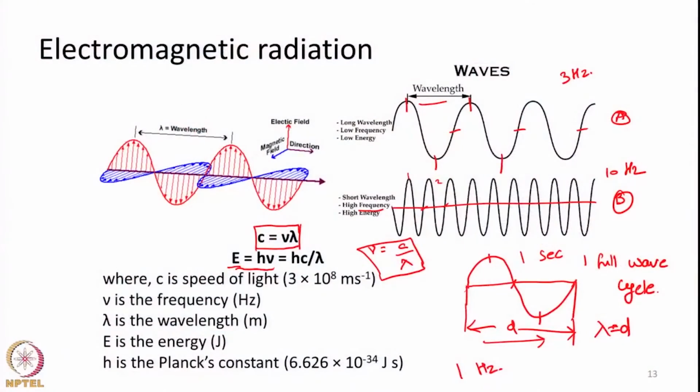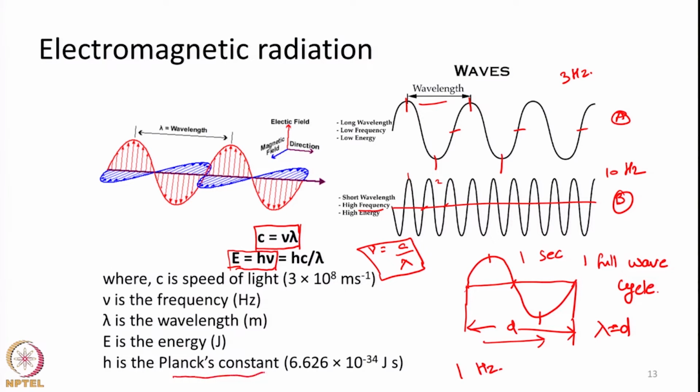And also if we look at the quantum nature of radiation, that is, energy transfers not in the form of waves but as packets of energy, that is another postulate that we should have come across in our school physics classes. The energy of a wave is given by E is equal to h nu, that is E is equal to h times frequency, where h is the Planck's constant.